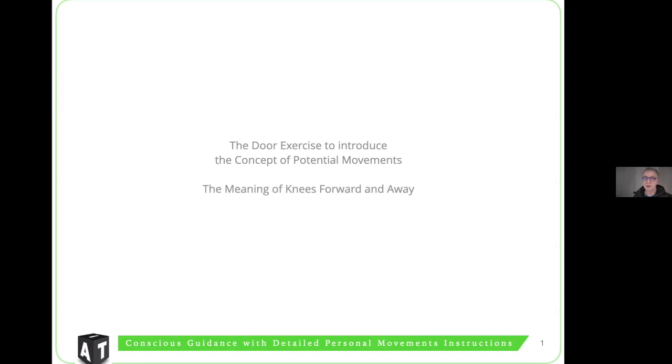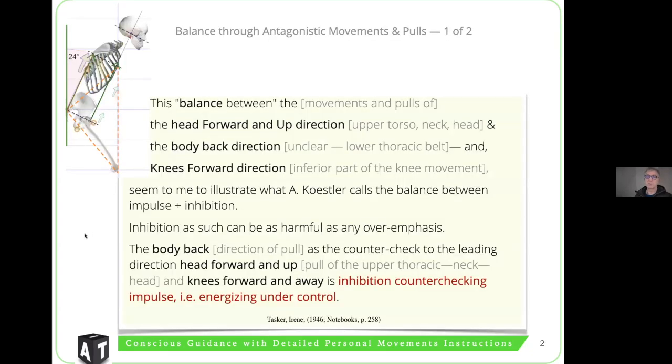I wanted to show that knees forward and away, or the knees forward direction, is not an invention on my part. For example, here I cite a teacher I really like, Irene Tasker, a first generation teacher. She was trained directly by Alexander. She was his secretary.